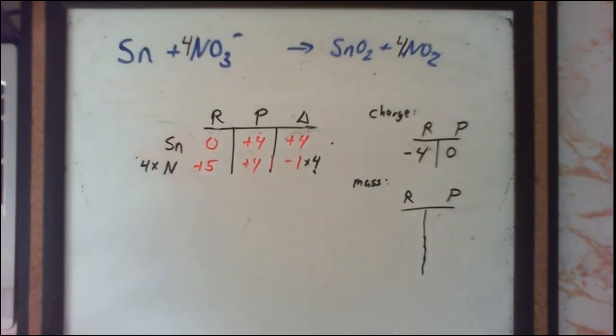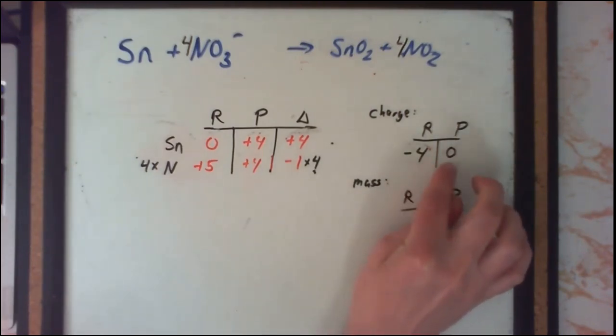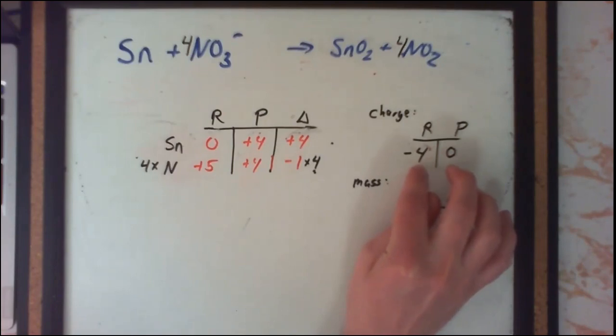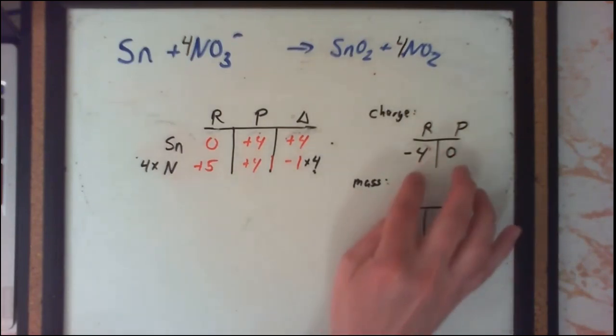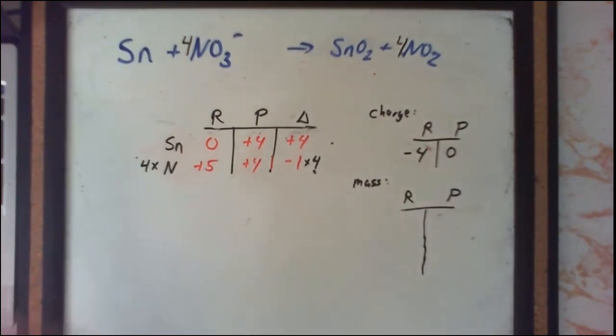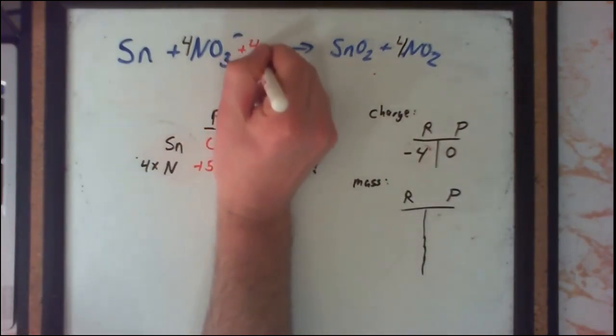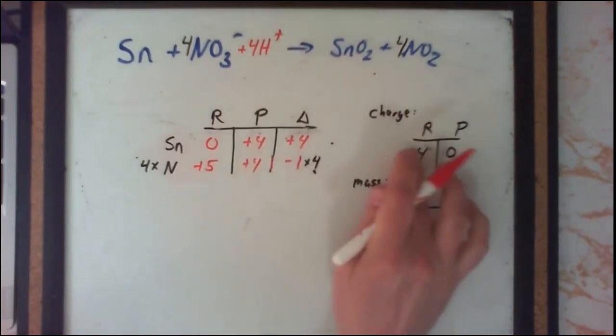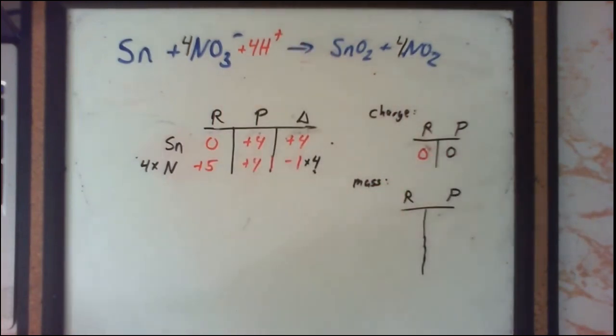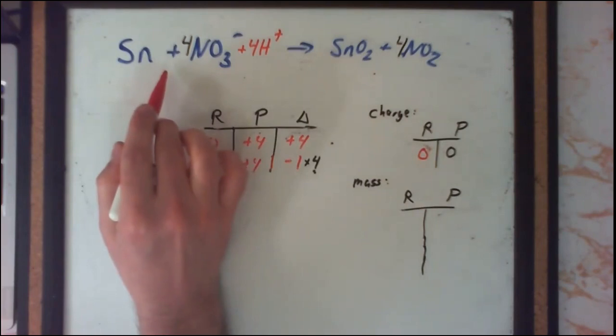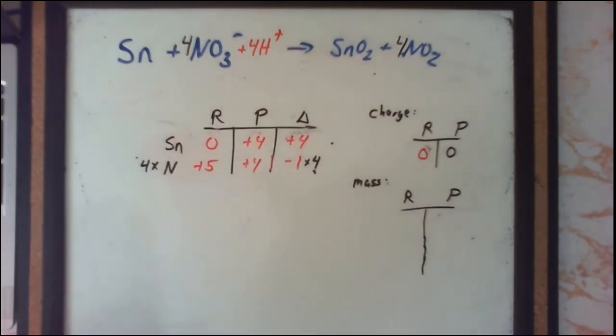So all I can do by adding positive charge particles is make the charge more positive or less negative. In other words, I can't make this 0 into -4, but I can make this -4 into a 0. And I can do so by adding the equivalent number, 4 hydrogen ions, to the reactant side. That'll give me a total charge of 0 on the reactant side, which matches the total charge of 0 on the product side.